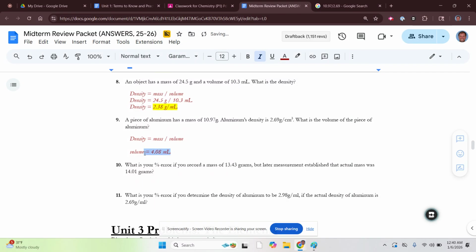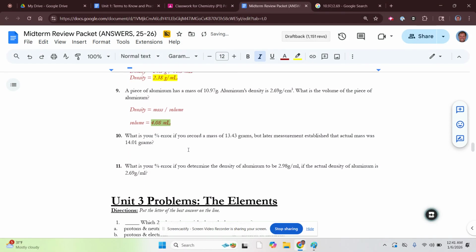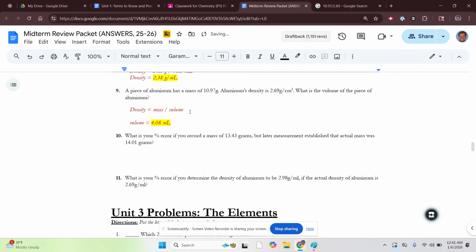Very good. 4.08 milliliters. So that's an algebra problem you will have to set up. Number 10. What is your percent error if you record a mass of 13.43 grams, but later measurements established that the actual mass was 14.01 grams? So, percent error is another formula that we discussed.